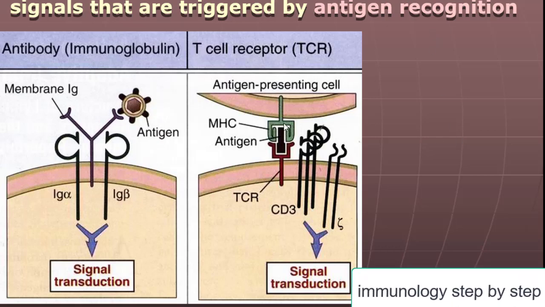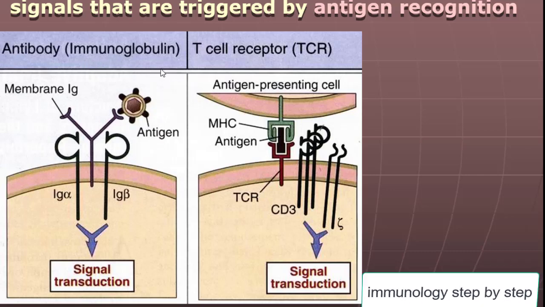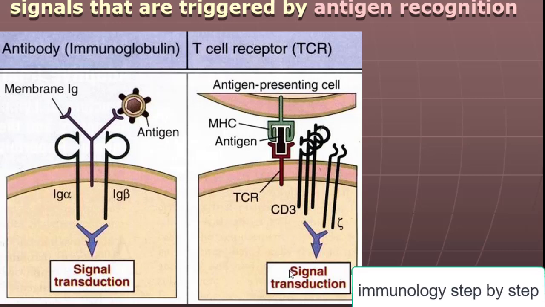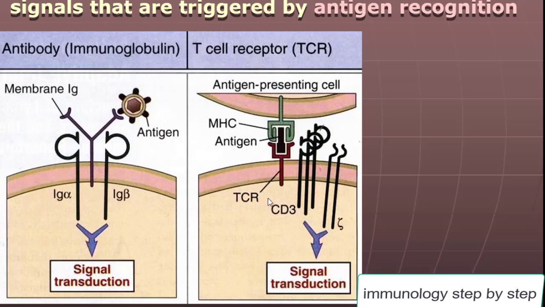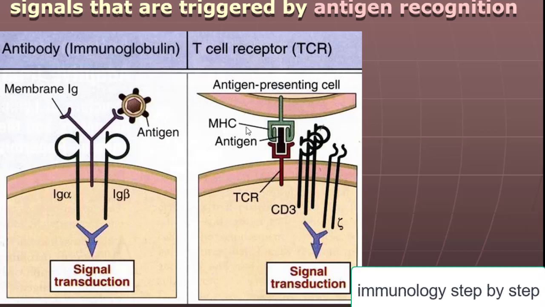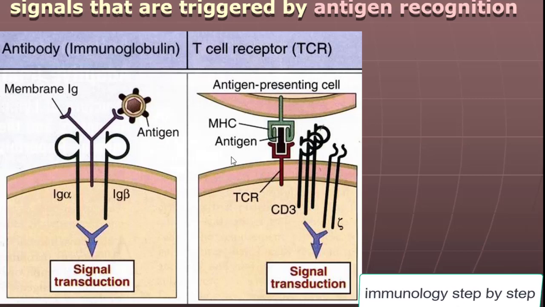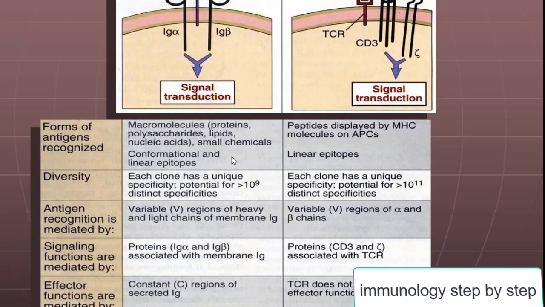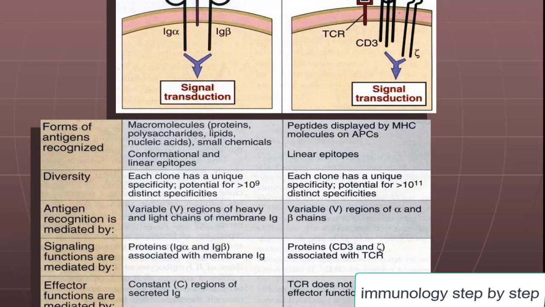This is the T cell receptor, antibody immunoglobulin, signal transduction, major histocompatibility complex, MHC. This is the antigen, the TCR, CD3, T cell receptor, antibody immunoglobulin and the T cell receptor.